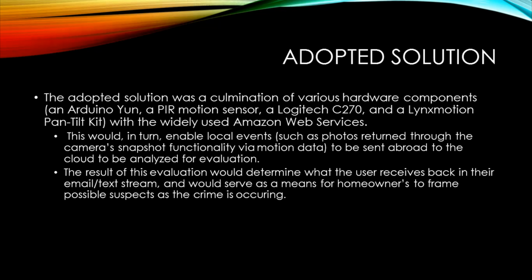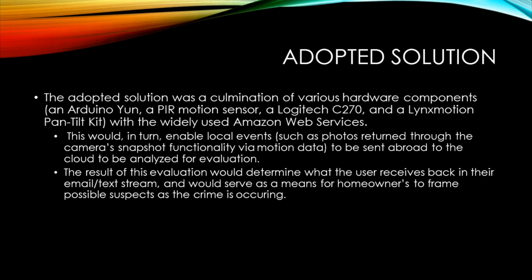And as another part of this, we were also using Amazon Web Services, which would enable local events such as photos returned through the camera snapshot functionality to be sent to the cloud to be analyzed for evaluation. What this evaluation determines is what the user receives back in their email and text stream, depending on the result.